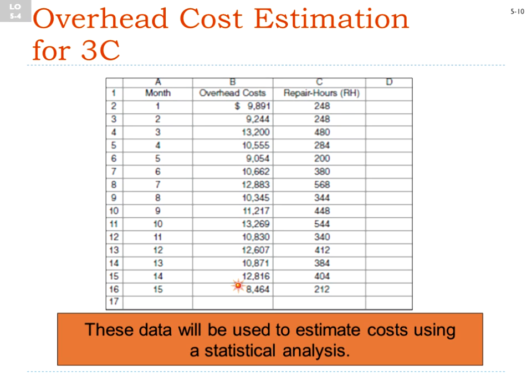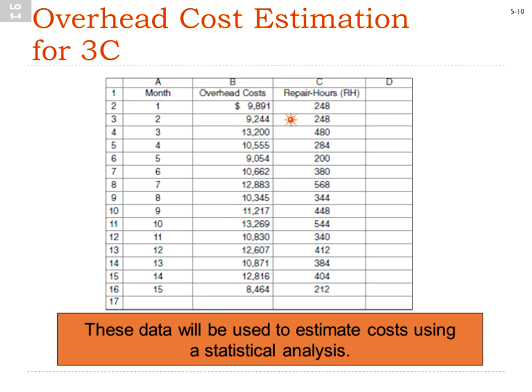And let's take a look at the high end. It looks like the highest number of repair hours is 544, and overhead cost is 13,269. So repair hours increased a lot, and so did the overhead cost. So that makes sense. So generally, it looks like the higher the repair hours, the higher the overhead cost. But not all the time, because let's look at months 1 and 2.